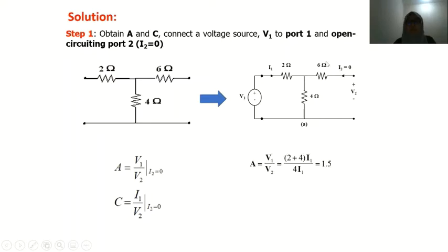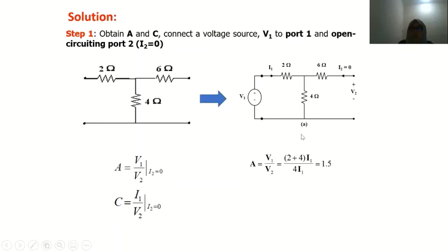From this equivalent circuit, we know that your V1 is 2 plus the 4 ohm resistor, because your 6 ohm resistor carries 0. So your V1 is 2 plus 4 I1, and your V2 is equal to 4 I1. Remember that your I2 is equal to 0, so your 6 ohm resistor does not exist here.